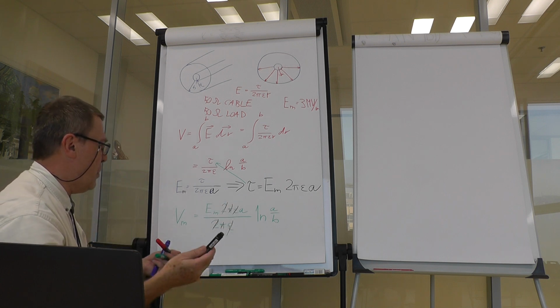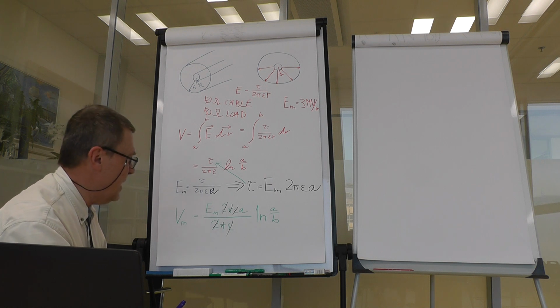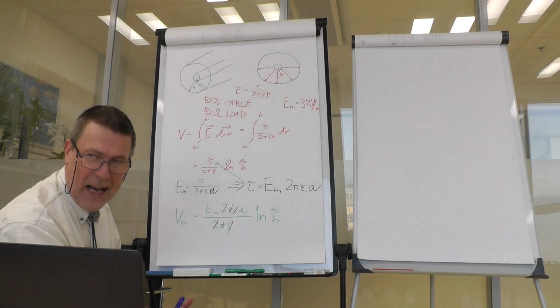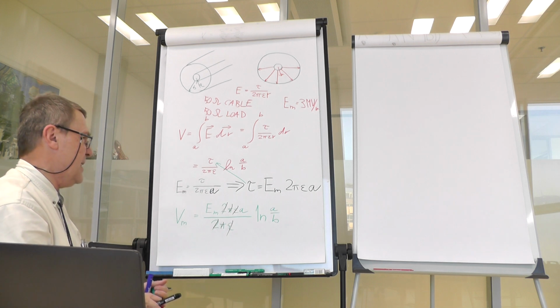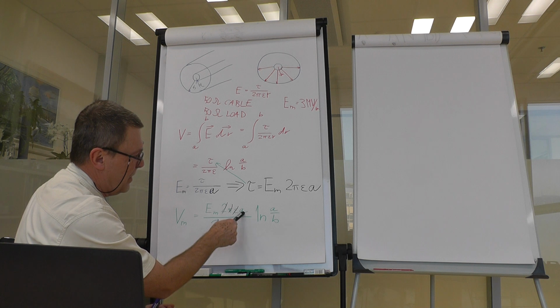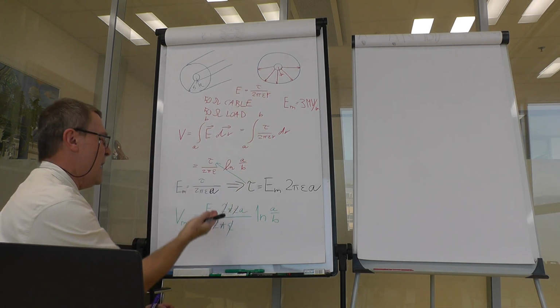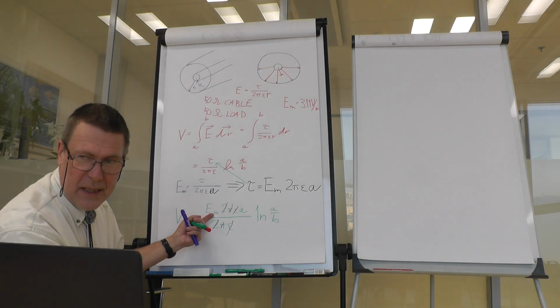And we have the equation for the maximum voltage that could happen anywhere on the coaxial line unless it breaks. And it is given by this equation. So the bigger the inner conductor, the bigger the voltage. It depends on the maximum or breakdown voltage of the dielectrics.